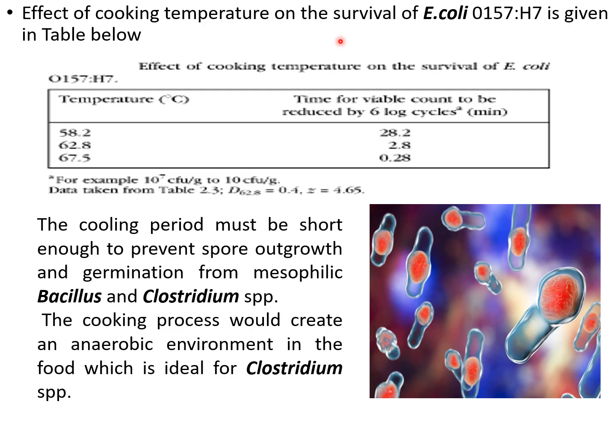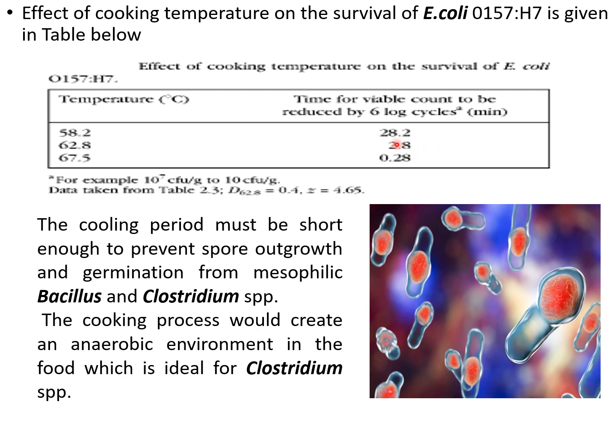Here is an example of Escherichia coli O157:H7 and the effect of cooking temperature on survival of E. coli. At 58.2 degrees centigrade, this is the viable count. It has reduced by 6 log cycles per minute.